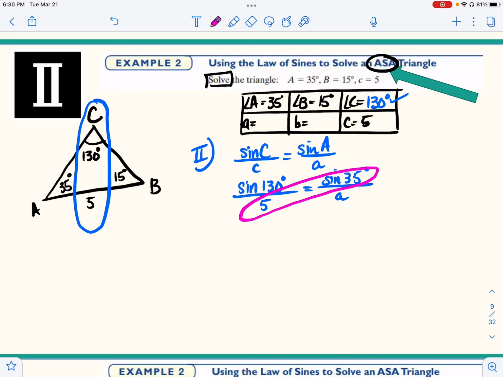You can multiply these two and divide by that. Sine of 35, one more time, make sure your calculator is in degree mode. Why in degree mode? Because all the angles provided are given in degrees. So A turns out to be 3.74, rounded to hundredths.